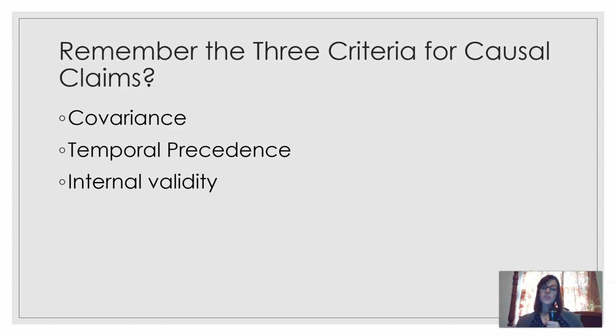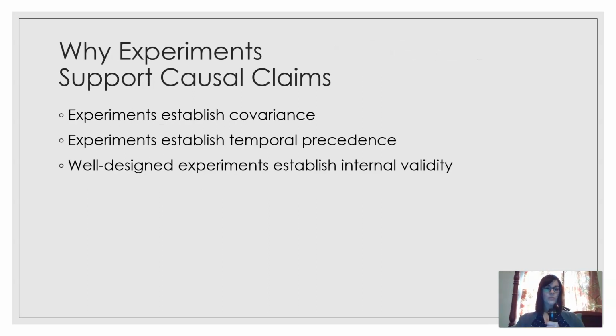If I'm using a well-planned study and I'm doing enough experimental control, I should be able to rule out any possible alternative explanations for why my experimental results shook out the way they did. So, why do experiments support those causal claims? Well, experiments establish covariance. Ideally, if I get an effect, a change in my independent variable should cause a change in my dependent variable.